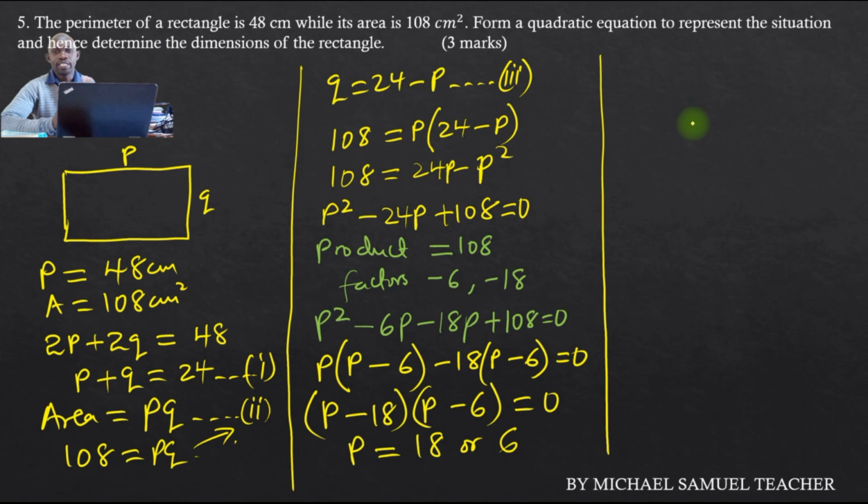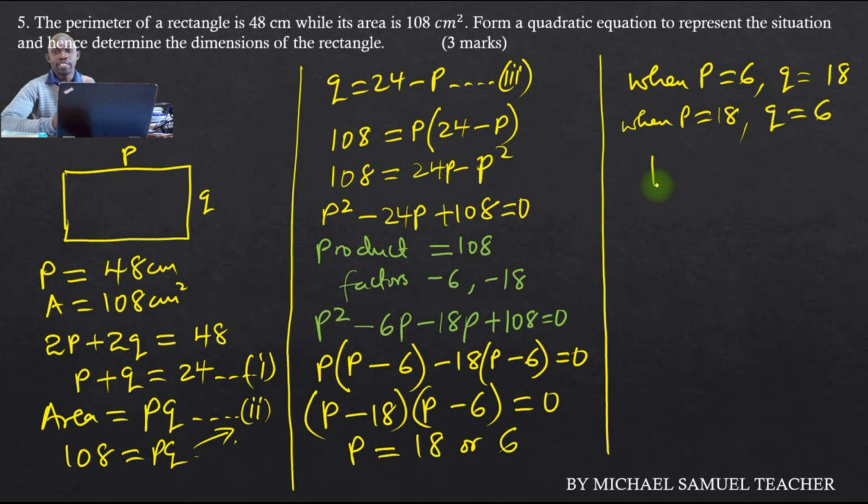So when p is 6, q will be, substituting into the third equation, 24 minus p, that will be 18. And also when p is 18, substituting into the third equation, 24 minus 18, q will be 6.